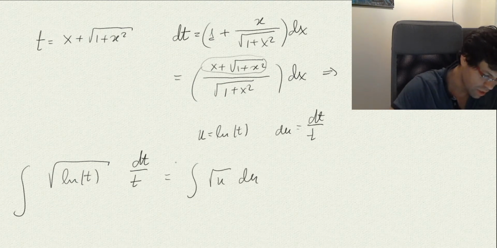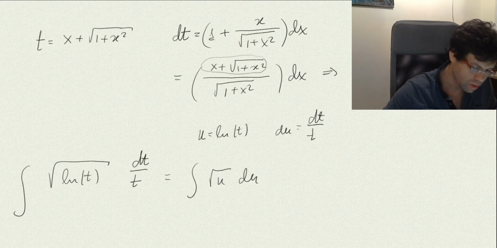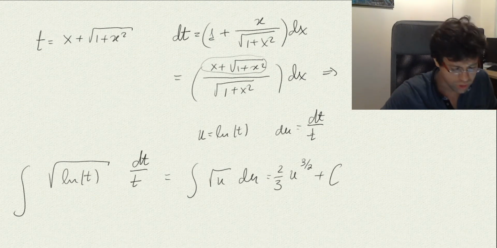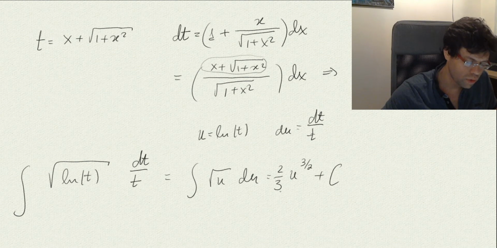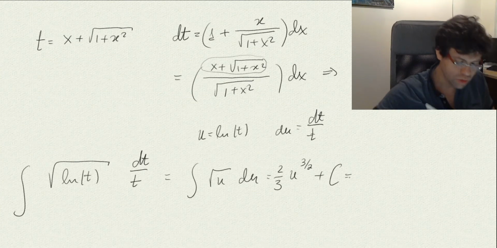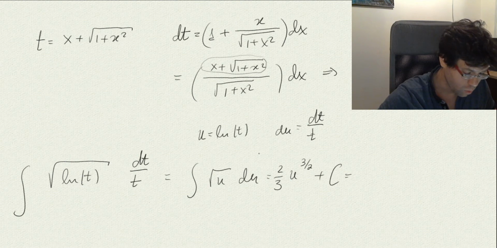Because this is exactly dt over t is du, and this becomes u to the power of 3/2 plus a constant, and of course 2/3, right? Because then when we take the derivative, the 3/2 with the 2/3 is cancelled out, and we have the power of half here. So that's okay.